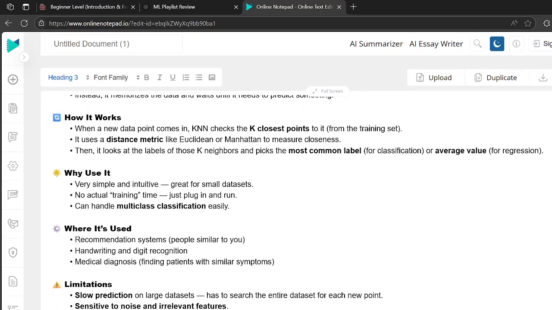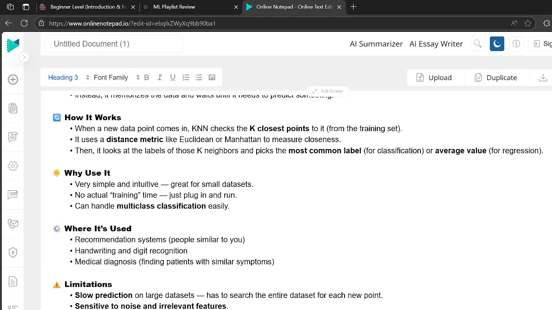So why do we use it? It is very simple and intuitive, which means it is great for small data sets. No actual training time, just plug in and run. As you can already understand, there is no training. It doesn't learn while training; it trains while running.